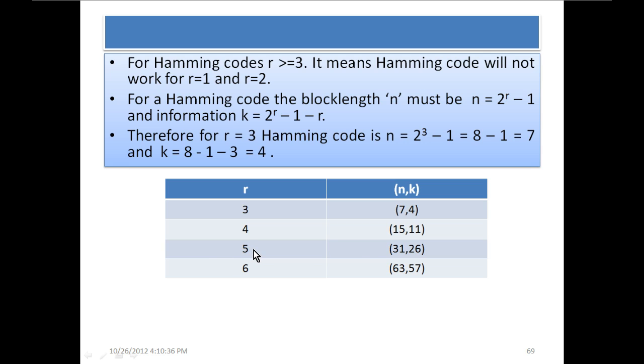For r equal to 5, the code word length is 31 and information bits are 26. For r equal to 4, the information bits are 11 and code word length is 15. For r equal to 6, information bits are 57 and code word length is 63, and we can keep going on like this.